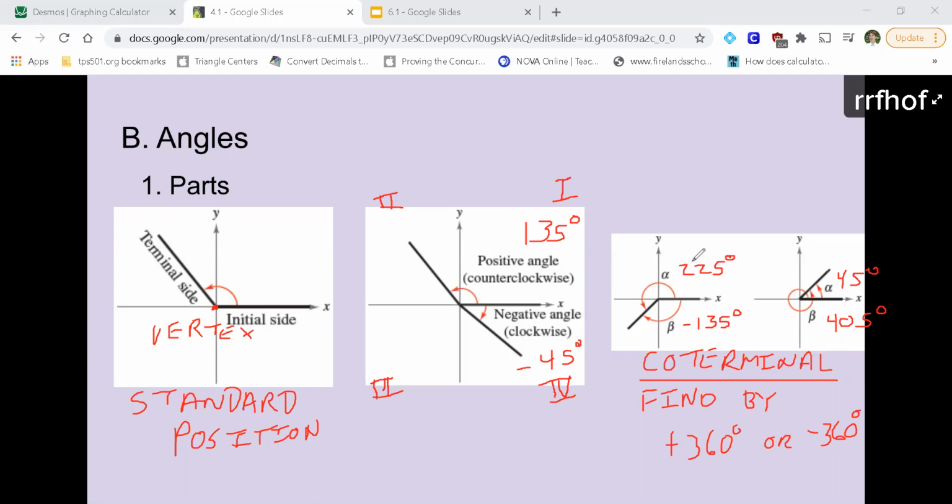So for our examples, 225 minus 360 gives us negative 135. 45 plus 360 gives us 405. And you can keep adding 360s and keep subtracting 360s to get more and more coterminal angles.